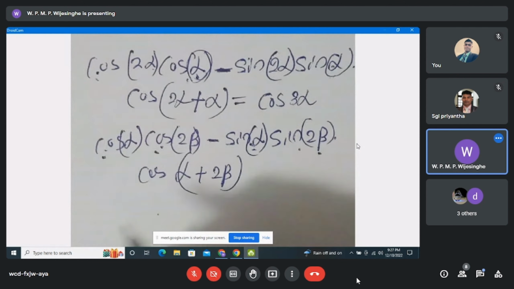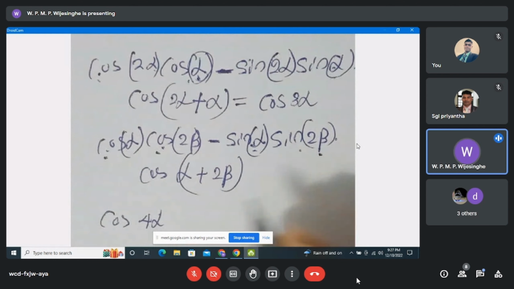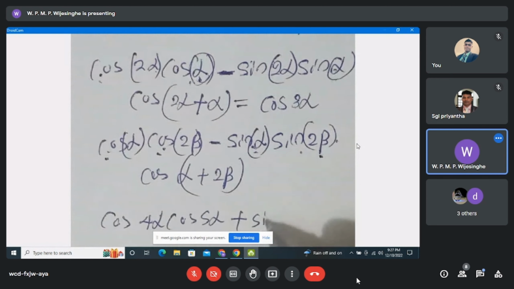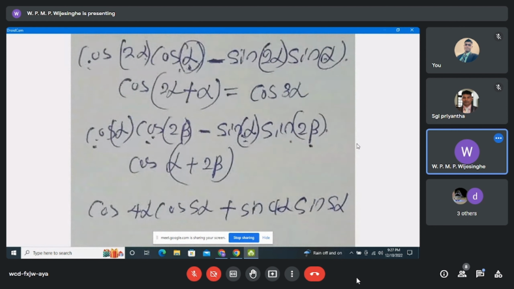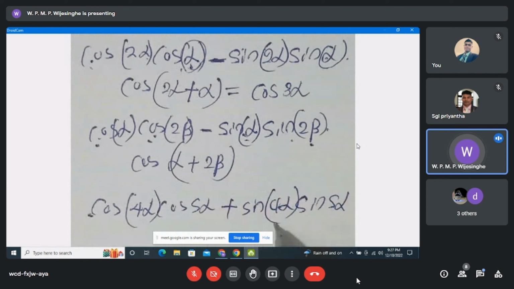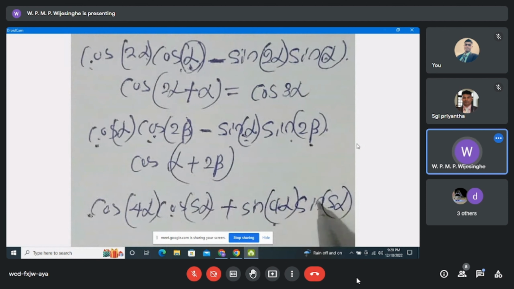Next one, cos 4 alpha cos 5 alpha plus sin 4 alpha sin 5 alpha. Okay. Here same angles, cos converts into sine. Here 5 alpha, cos converts into sine. Cos cos, sine sine multiplication, right?